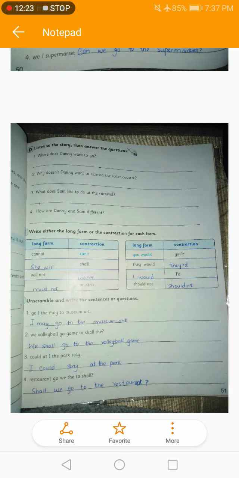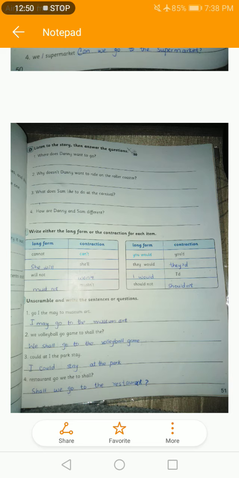In page 51 we have exercise D, E and F, where exercise D is not included in your syllabus, and exercise E and F. So you have to look at exercise E. Write either the long form or the contraction of each item. As we have already done this, we have to write the long form or the contraction form. Look at the first table.